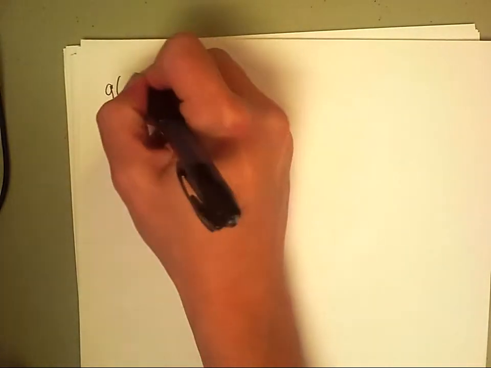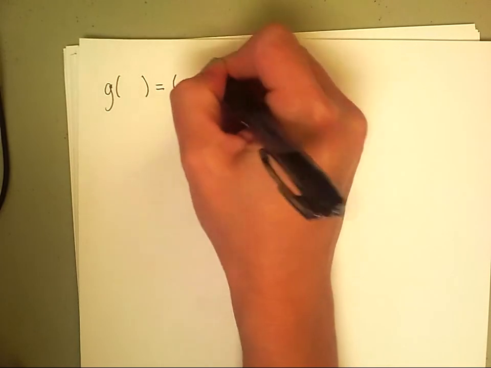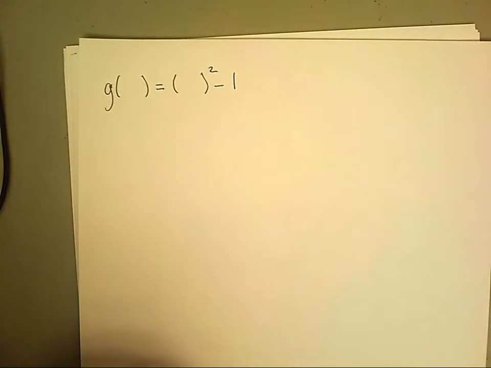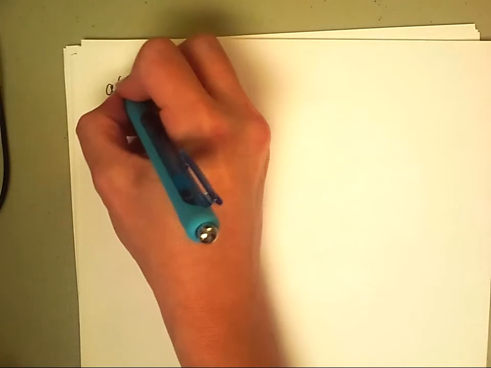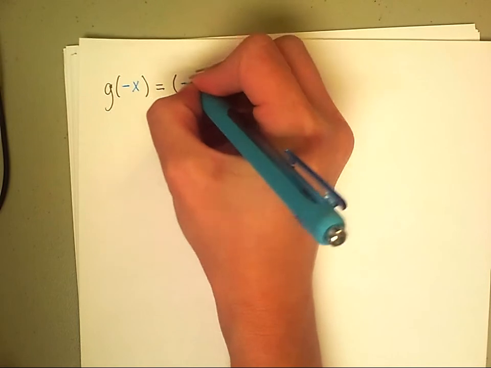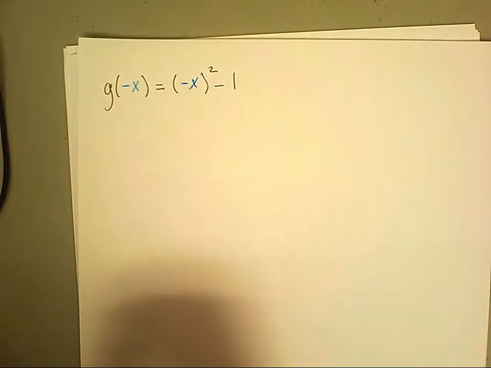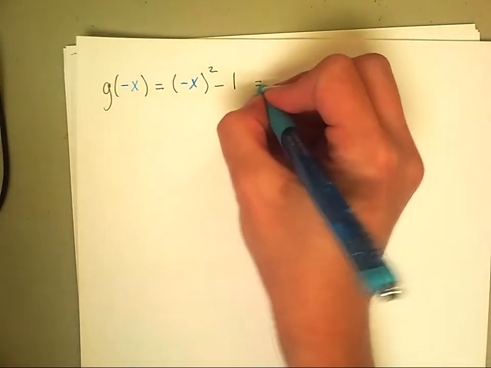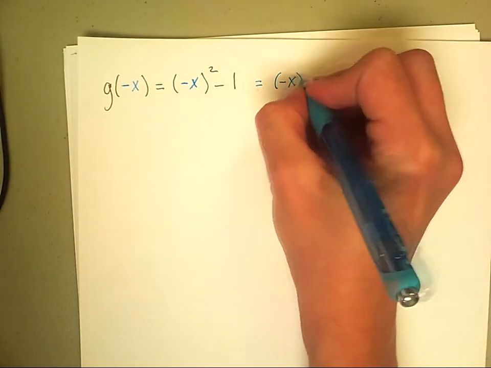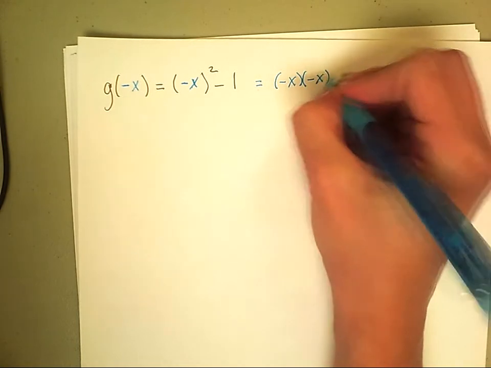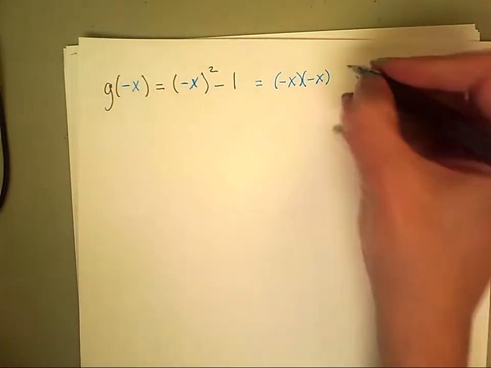We could find something that's very similar to g of x, something squared minus 1. We could find g of negative x. So in this case, the negative x is what's going to get squared. So remember, that's negative x times negative x, and then we'll subtract off 1.